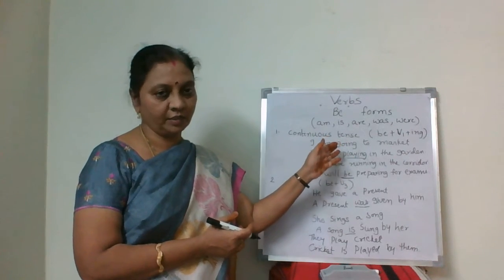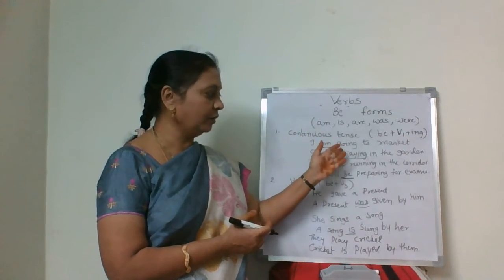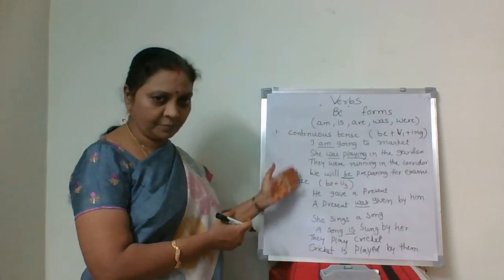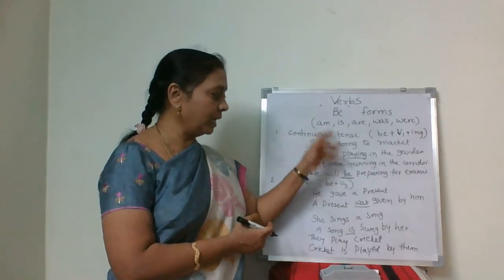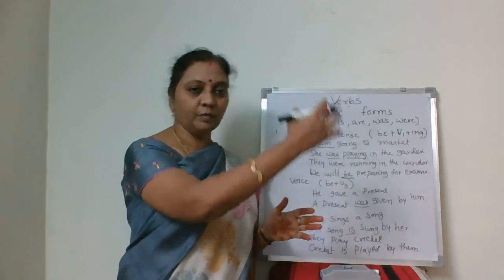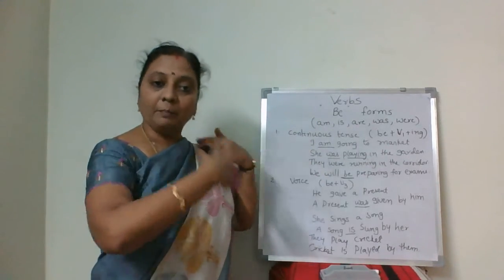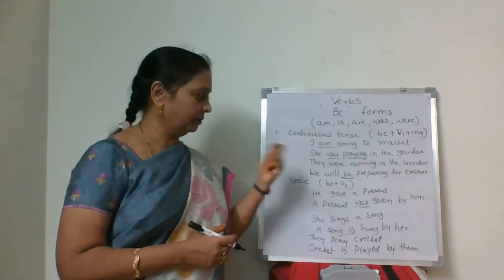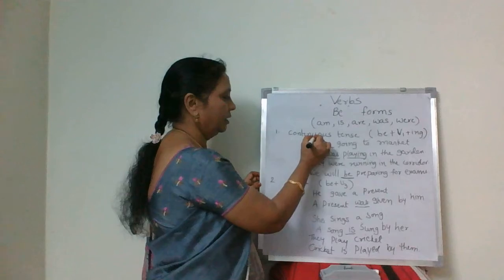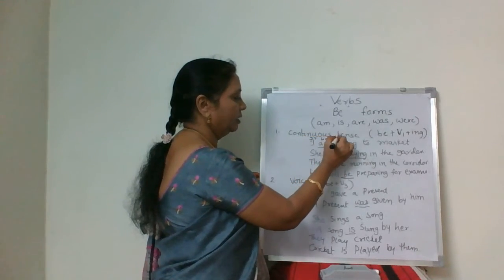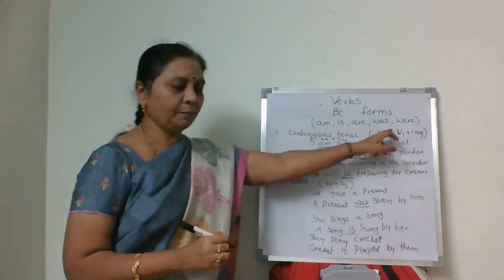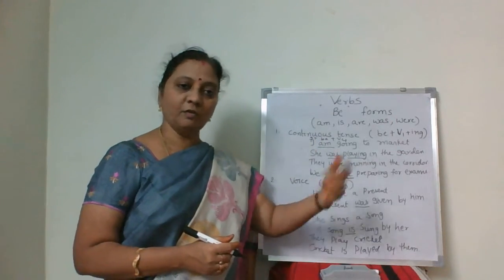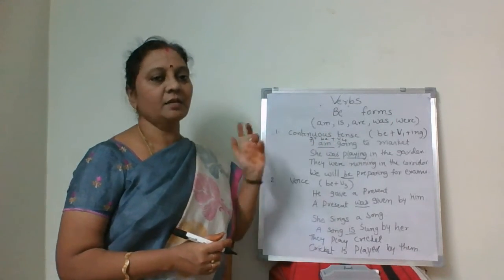You can add any other words, but the basic structure is subject plus be form plus V4. Then you can keep on framing any sentences using this basic structure. What is the structure? Subject plus be form plus V4. Then you can frame plenty of sentences using this structure.